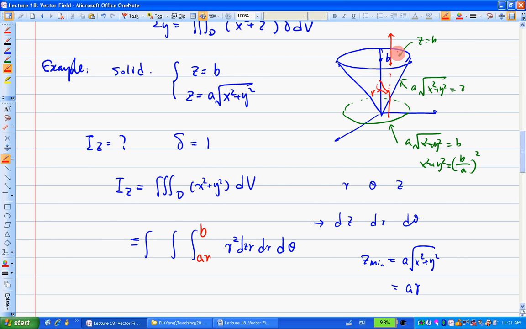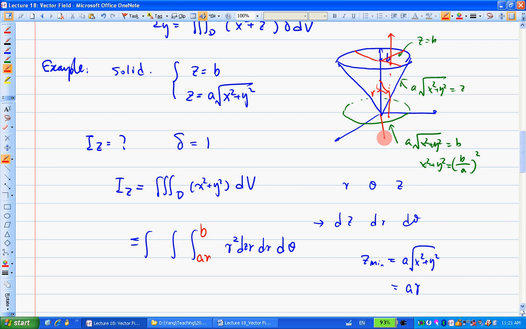When you're over here, that's where r is b over a. Yes, density is a factor, but right now I'm assuming density is 1, so that's gone.